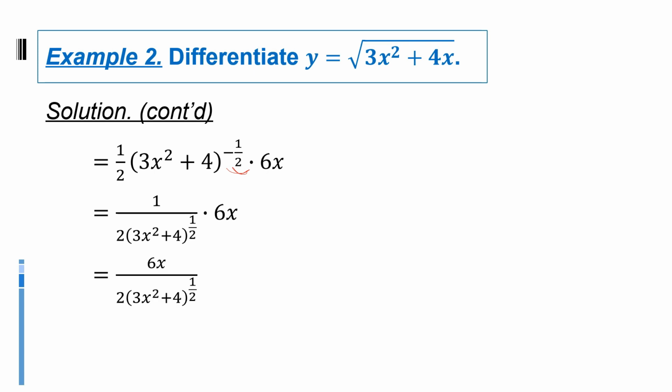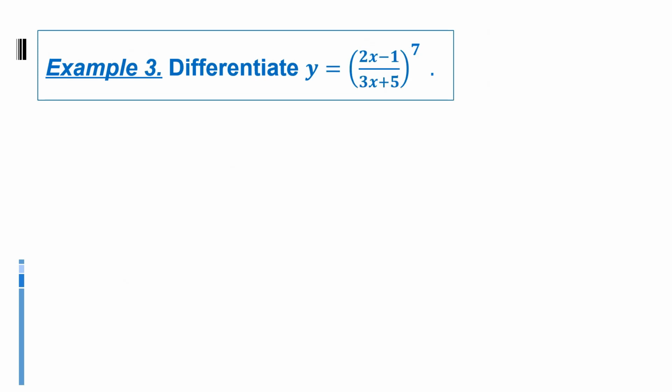And if we multiply that, we have 6x plus 4 over 3x squared plus 4x raised to 1 half. And then, etong dalawang to magre-reduce into 3 na lang. Therefore, we now have y prime is equal to 3x over 3x squared plus 4 raised to 1 half. Or in radical form, that is 3x over the square root of 3x squared plus 4.